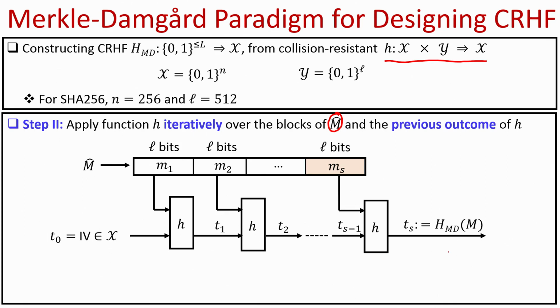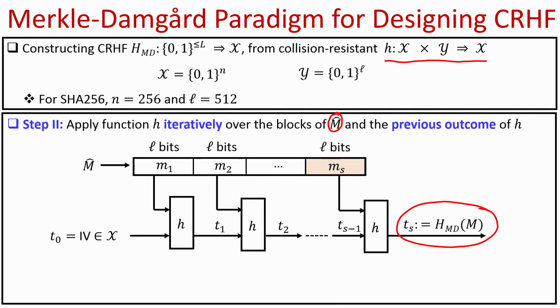The final output of the overall hash function big H which we have constructed for the input m is considered to be the outcome of the final invocation of the h function. So, that is how we are going to hash the message m, right.